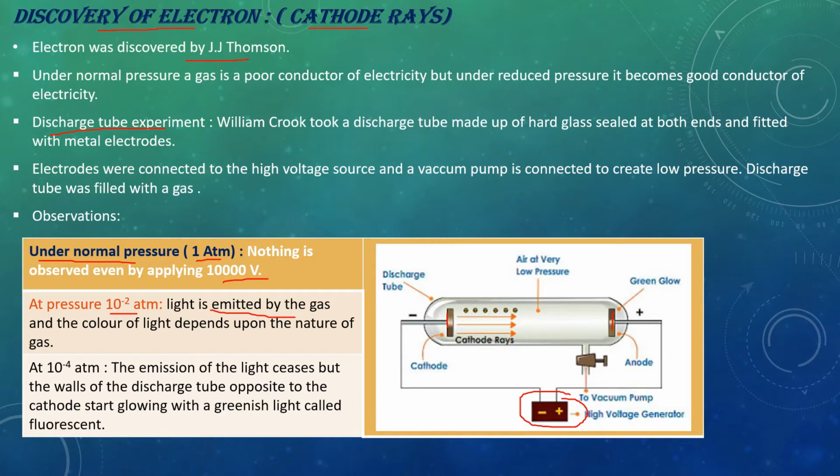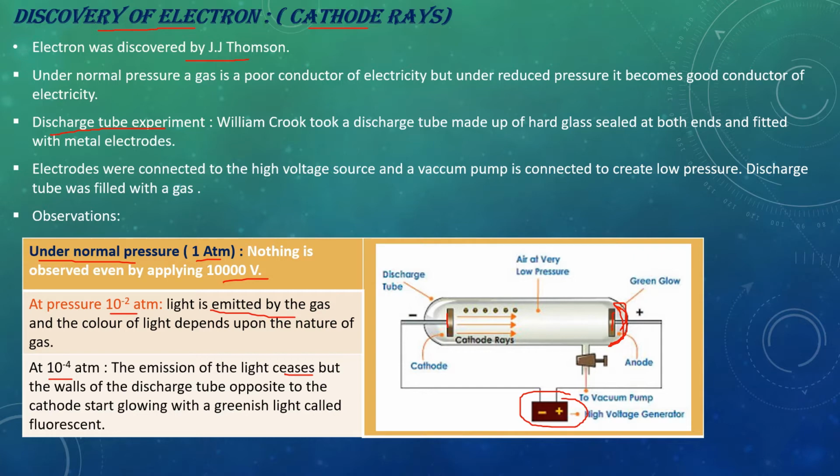Now further, if we reduce the pressure to 10 raised to power minus 4 atmosphere, then this emission of light ceases, but the walls of the discharge tube opposite to the anode glow with green fluorescence, and this light is due to some rays which emerge from the cathode and strike at the backside of the anode, and these rays were known as cathode rays.